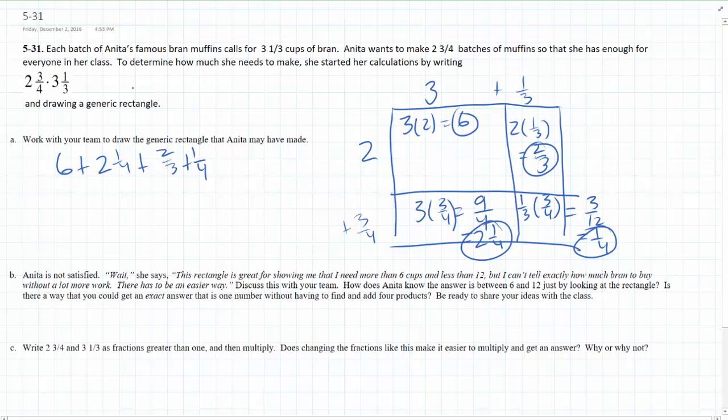Okay, we have 6 and 2 wholes, so we have 8 wholes, and then we have the fractions 1/4 here plus 2/3 plus 1/4. As far as the 1/4 and 1/4, let's combine that first. The 1/4 and 1/4 is going to be 2/4, which is 1/2, and we add the 2/3.